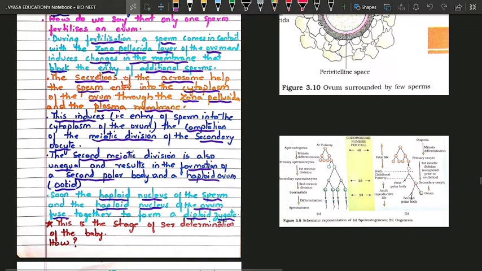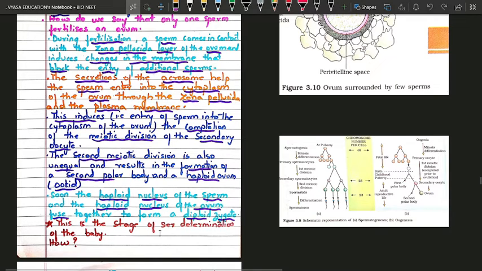Just remember. Soon the haploid nucleus of the sperm and the haploid nucleus of the ovum fuse together to form the diploid zygote.